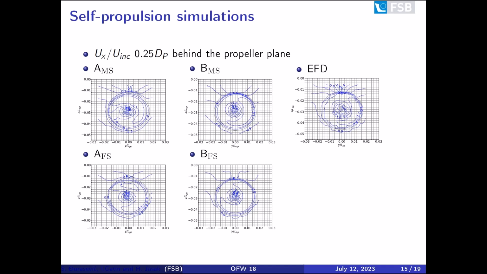Contours of the low velocity region, which are located behind the hub, follow the same pattern. This behavior may affect the pressure distribution downstream of the propeller plane, which may be significant if the rudder is present. Also, it's visible that the high velocity region is larger in full scale.